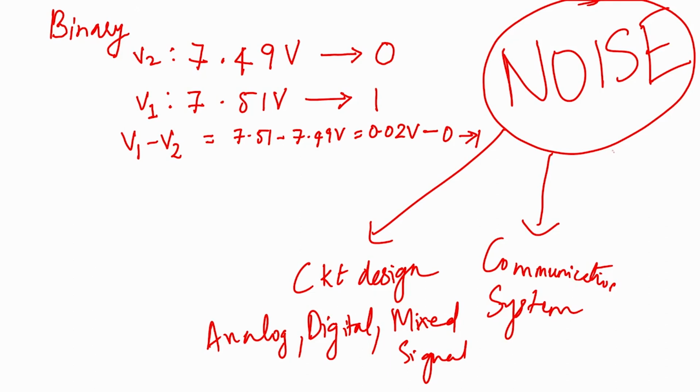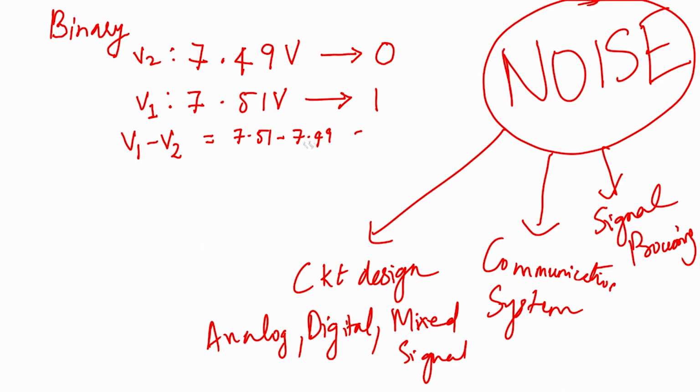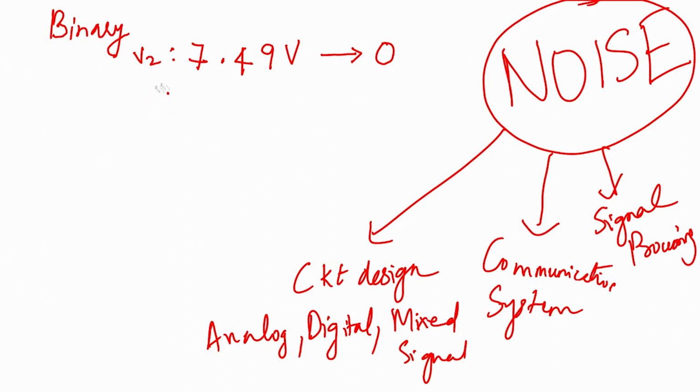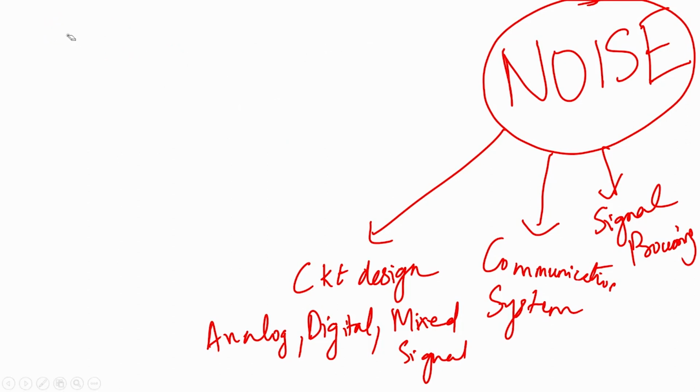Noise is an important concept in signal processing. What other domain of electronics do you think is there? Actually, noise is there in everything that you study in electronics and electrical.